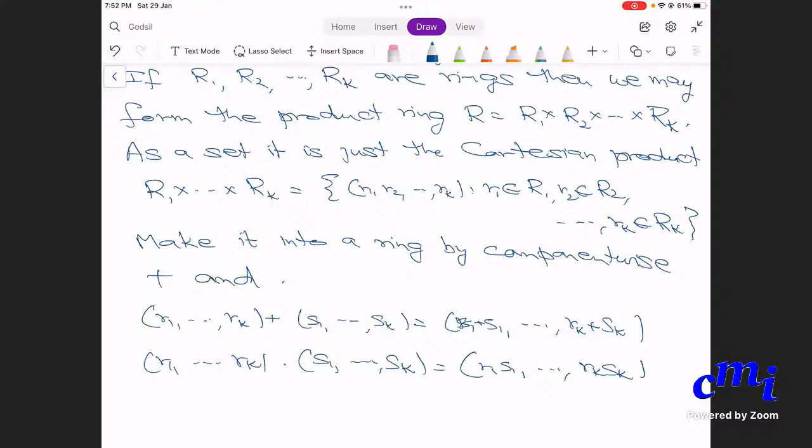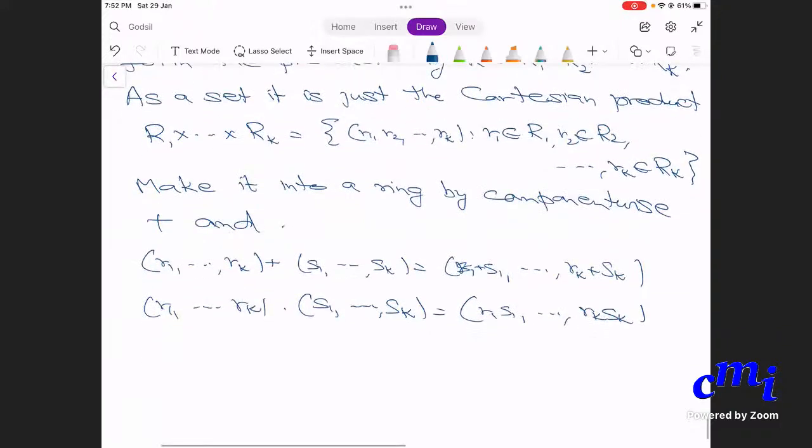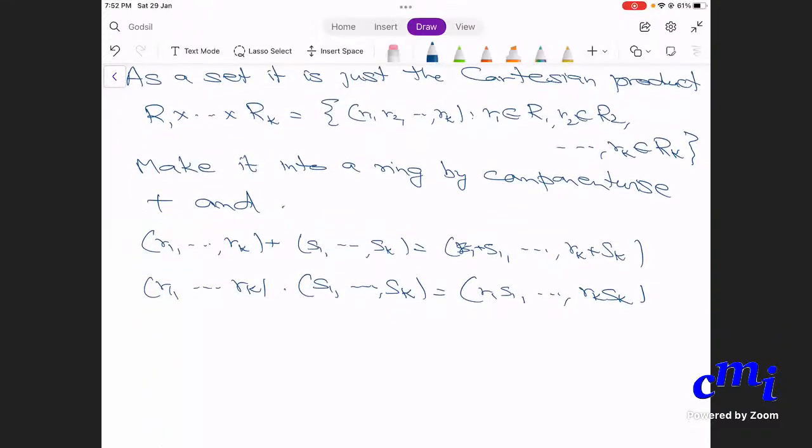So you make it into a ring by component-wise plus and dot. And one thing you have to notice about this ring is that all our rings, we want them to have an identity element. That is very, very important for us. Whenever you are studying commutative algebra, every ring must have an identity element. So this ring had better have an identity element.